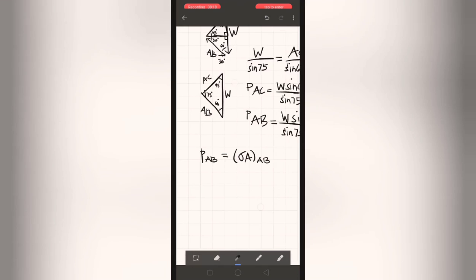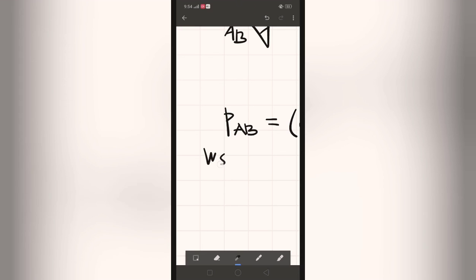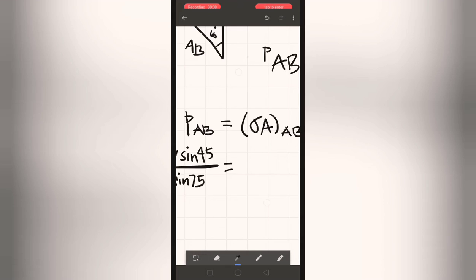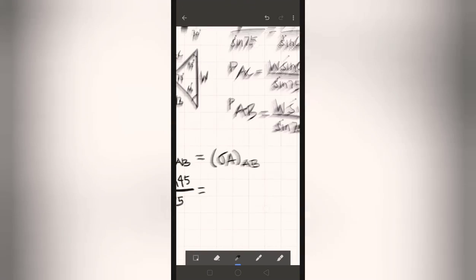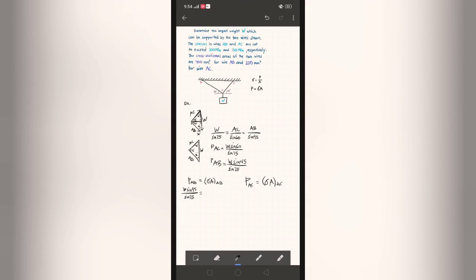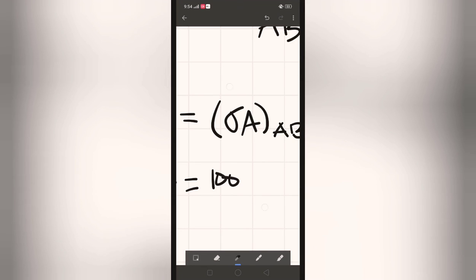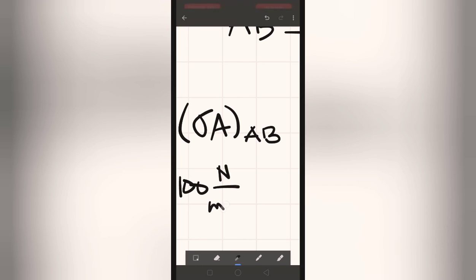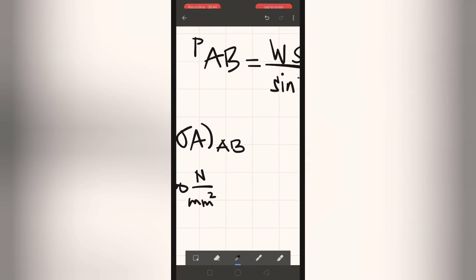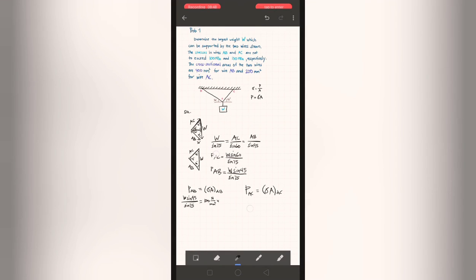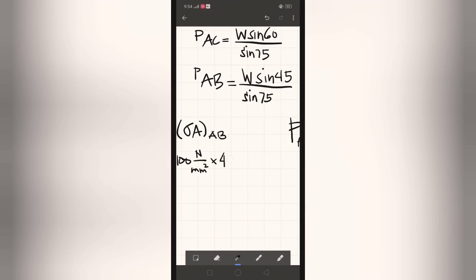Then if we substitute it, W sine 45 over sine 75 is equal to AB is 100 for the stress, and then its cross-sectional area is 400. 100 Newton over mm squared, that's MPa, times the area, 400 millimeter squared.